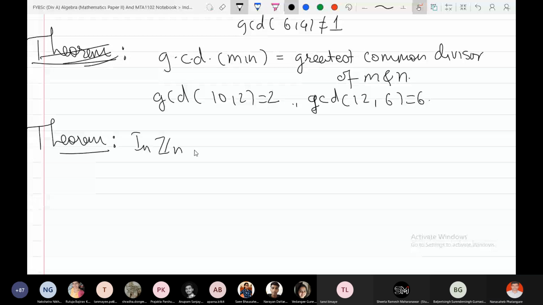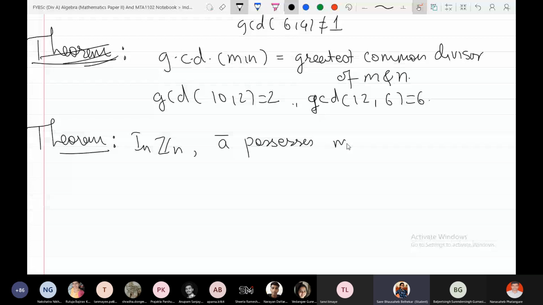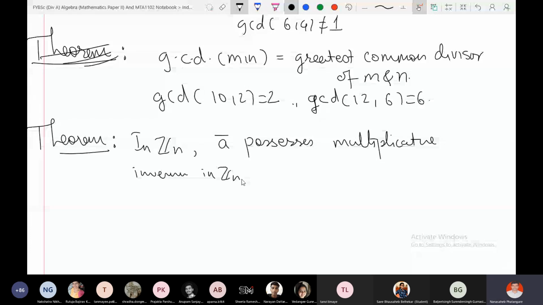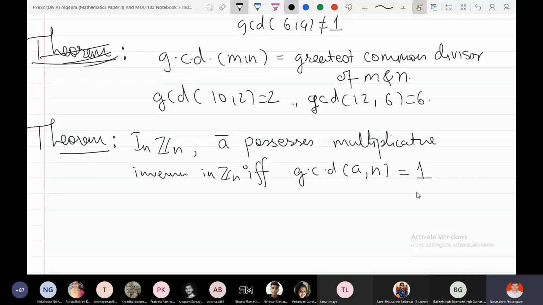Zn, A bar possesses a multiplicative inverse in Zn if and only if GCD of the representative with n is 1, right? GCD of the representative, whatever representative you select, with n is 1.